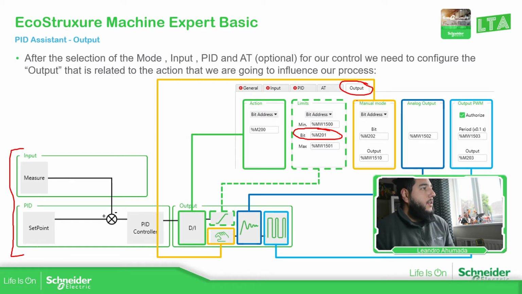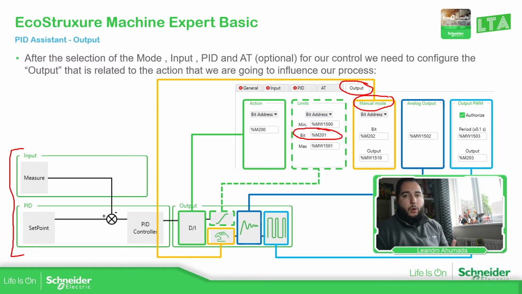The other thing that we have here is the manual mode. Imagine that you're working with the PID, and you just need to see the behavior of the plant with a specific value. If you're using the PID, it will calculate the output value for you. So sometimes you will need to override that value.